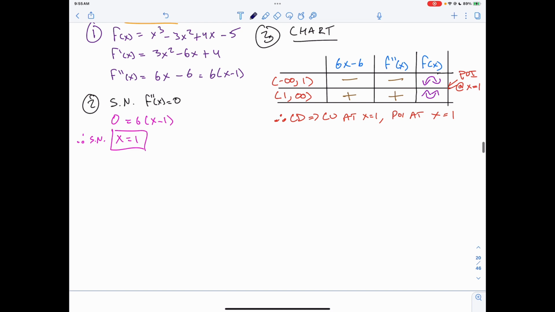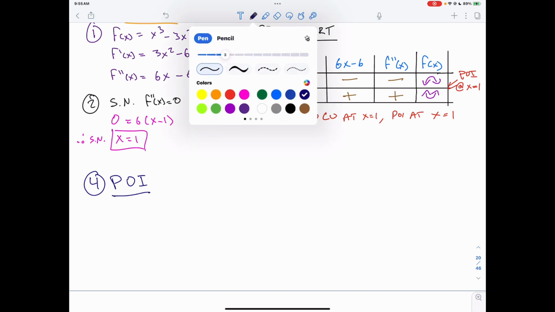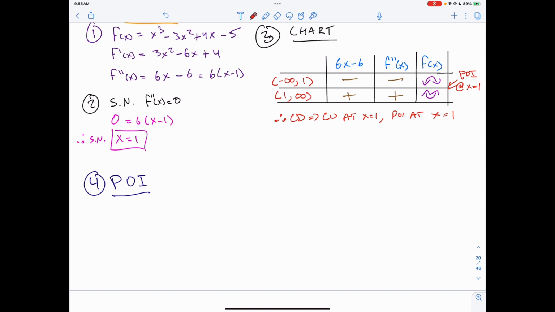I'm going to solve for my point of inflection by subbing that significant number back into my original function.